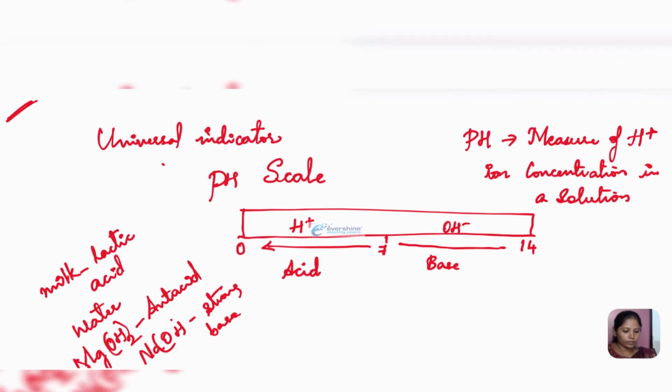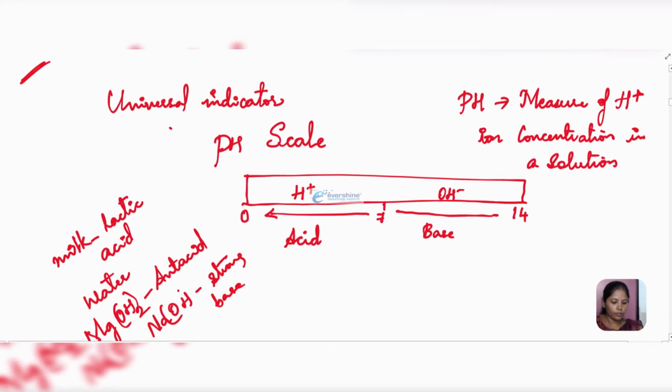Next, instead of using so many indicators, we can use one universal indicator. Instead of using turmeric, phenolphthalein and many indicators, there is one indicator called the universal indicator, which means the pH scale.